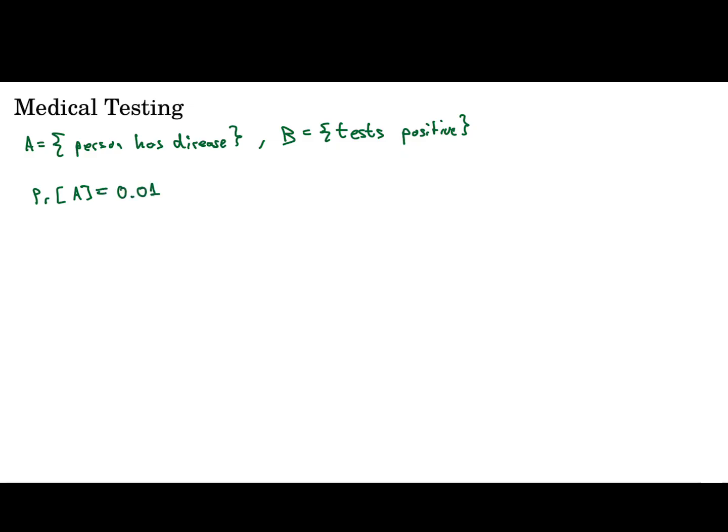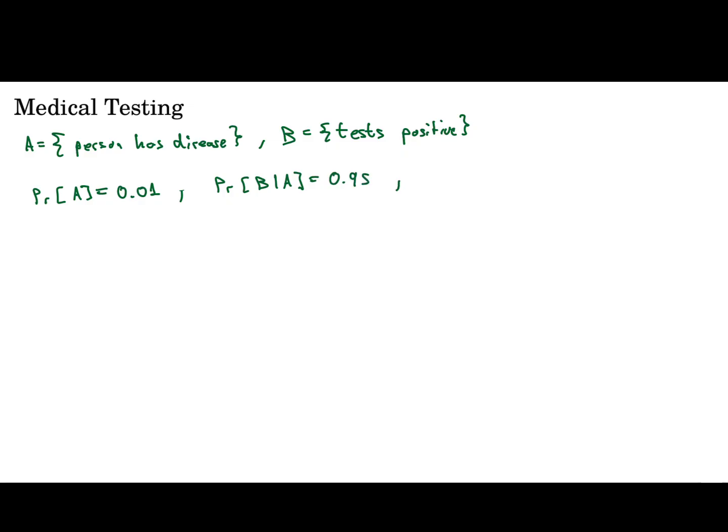And the problem also tells us that the probability that the person tests positive if they have the disease is equal to 95%. So this is 0.95.